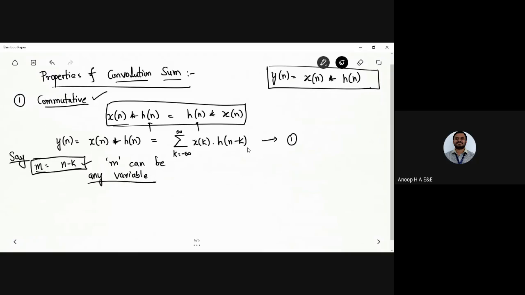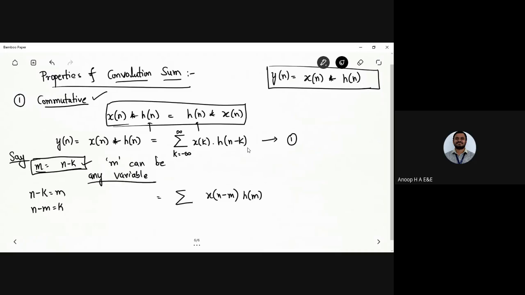So n minus k equals m, or n minus m equals k. Now I can replace k with n minus m, so x of k becomes x of n minus m, and h of n minus k becomes h of m.